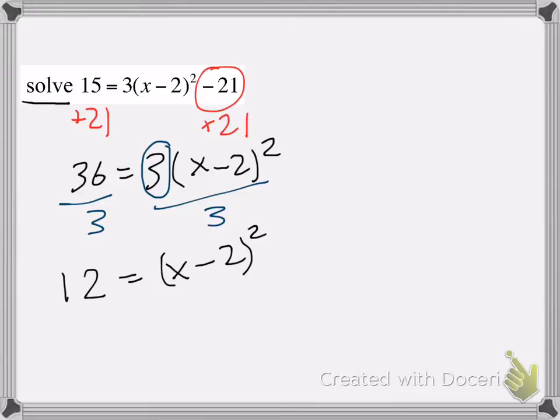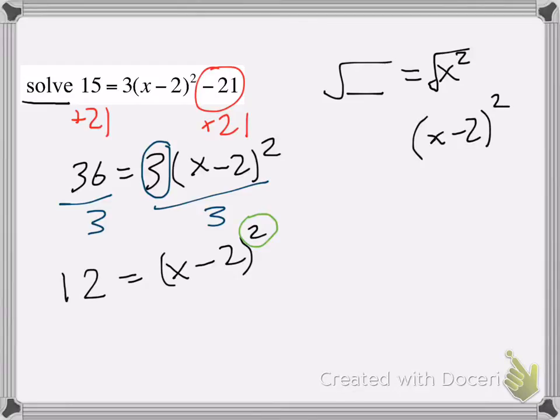And now I'm in a position where I can take the square root of both sides to get rid of this squared that I see here. So in the previous problem, in our final step, we had something like x squared equals, and then we had something over here, and we took the square root of both sides. Now notice here, what we have is we have an x minus 2 squared. But I can still use the same process.